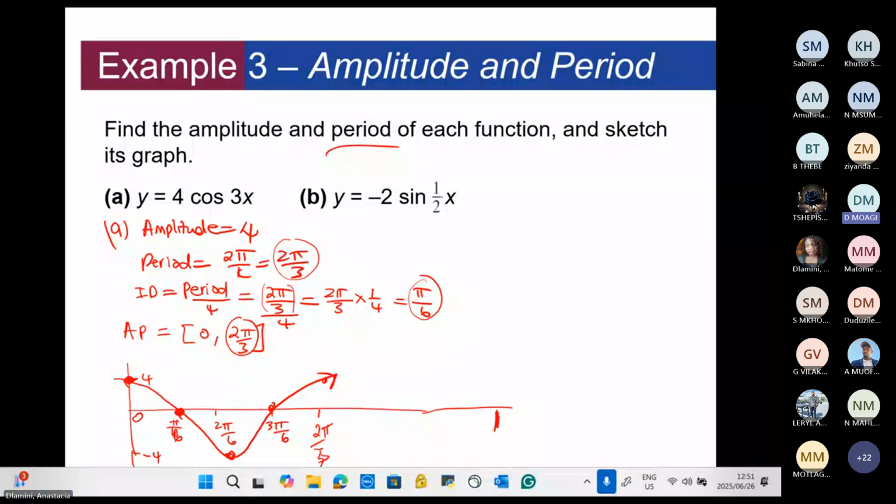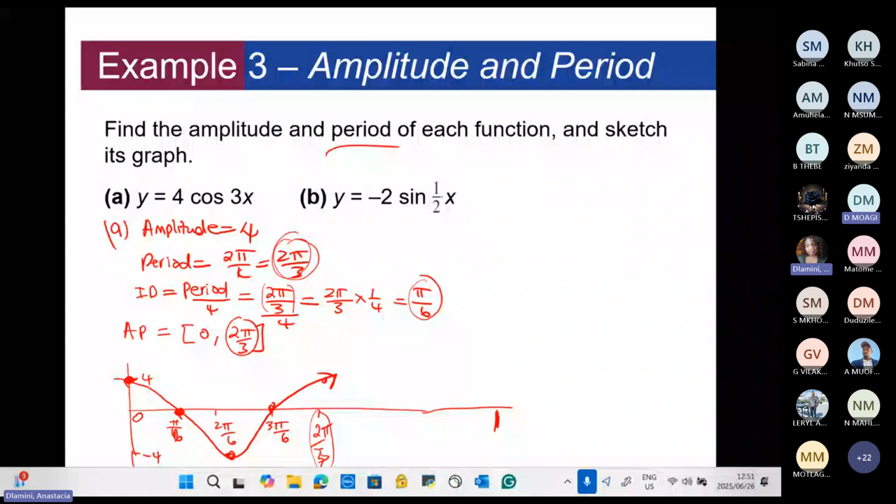You have to add this one, 2 pi over 3, add another 2 pi over 3, which is 4 pi over 3. Then you can start dividing this. How do you divide this? You add by pi over 6 from this point here to this point there. Are we all together? Yes, ma'am.